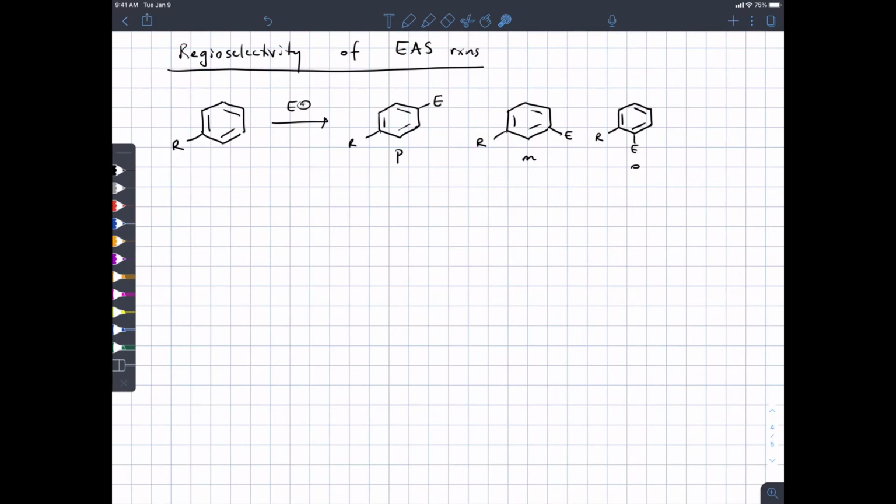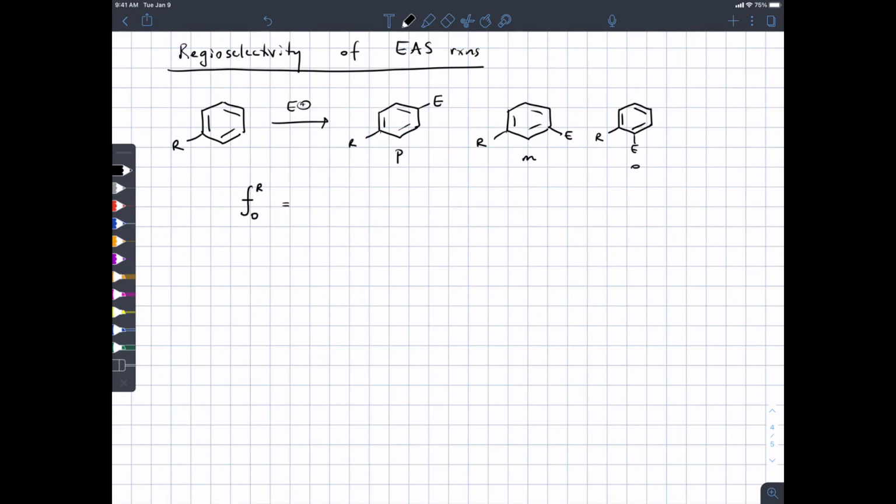All right? And so there's this thing called partial rate factor. So F is the rate factor. The little subscript is going to be for ortho, meta, or para. And then R is the substituent.